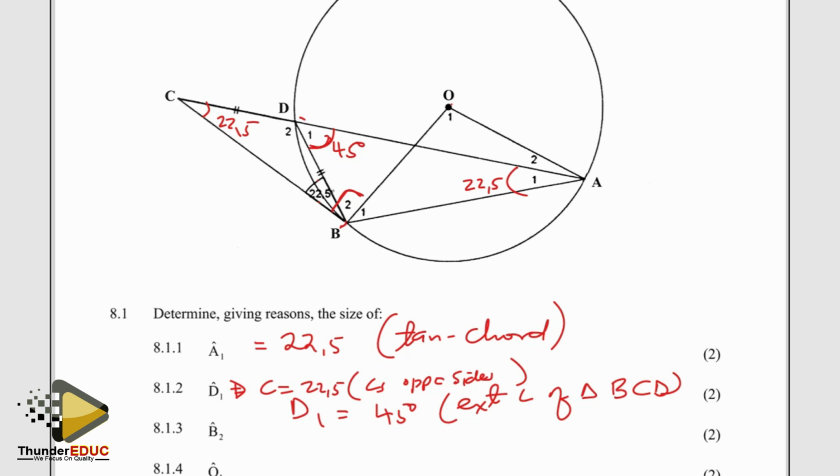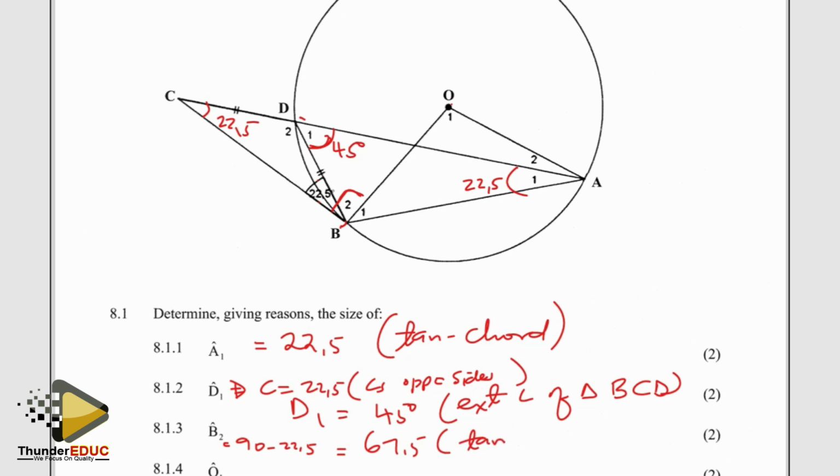So what is 90 minus 22,5? What do we get? I'm getting 67,5 on my calculator. Okay, so that's going to be 67,5.